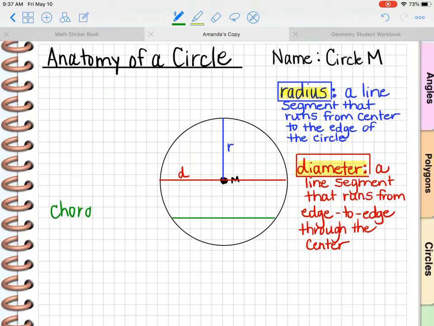So chord is a line segment that runs edge to edge, but it does not involve the center necessarily.